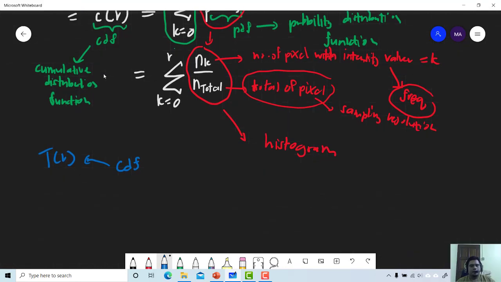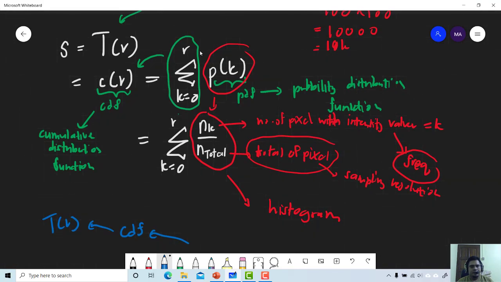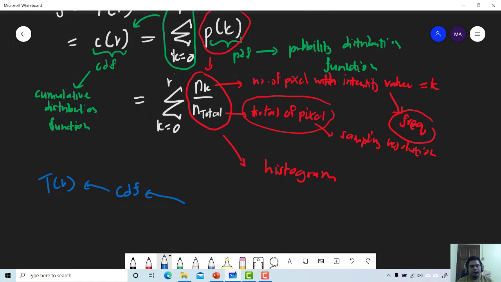And then to get the cumulative distribution function you must do some summations, a summation of the probability distribution function. That's why you need the PDF, because you want to do a summation of the PDF to get the CDF.